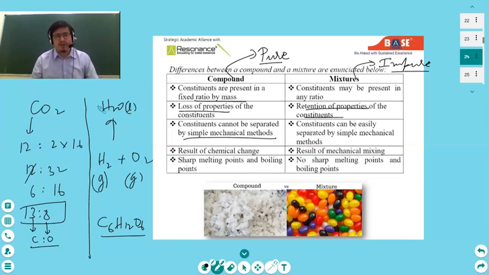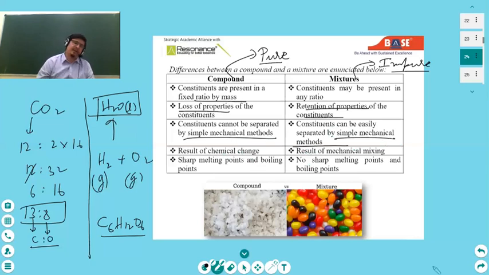Or if you take water and you don't want hydrogen there, you only want oxygen in water, you cannot do that. You cannot take water with your finger and remove one of the hydrogens. It's not possible. That's the meaning that constituents cannot be separated by simple mechanical methods. Whereas a mixture you can separate by simple mechanical methods. Take up Bhel, remove onion, remove tomato, no one can stop you.